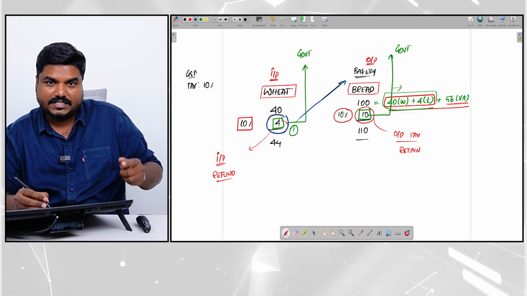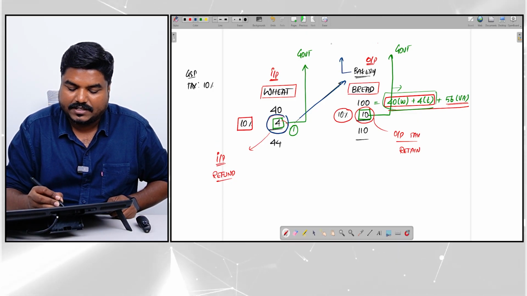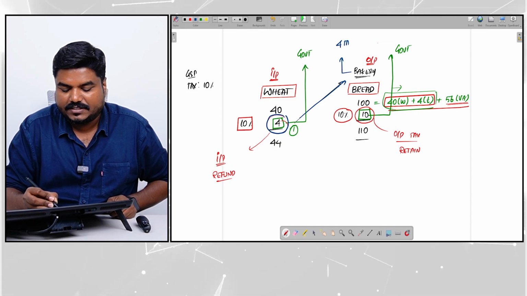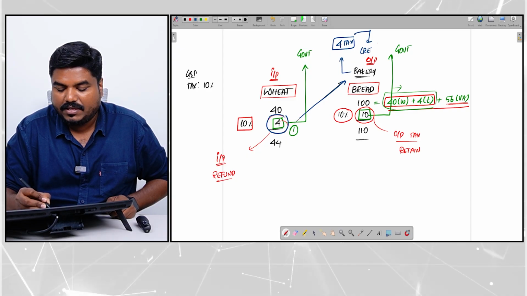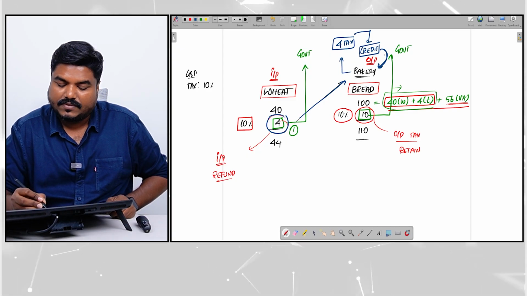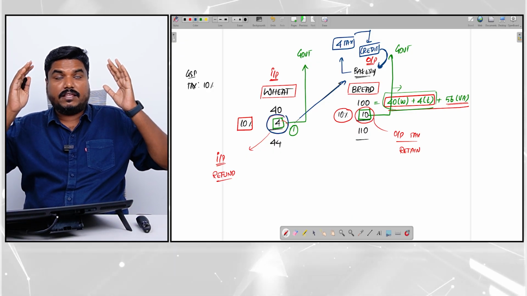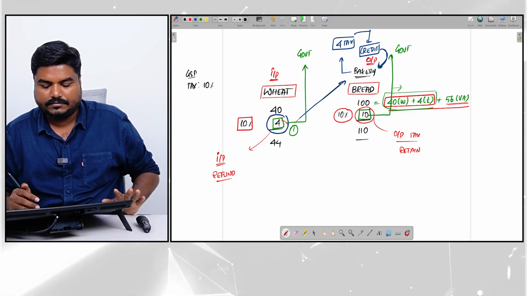The bakery would have paid the input tax. So that 4 rupees of tax will be credited in the head of the bakery. Okay, under the head of Guna's bakery, that 4 rupees input tax will be noted down.